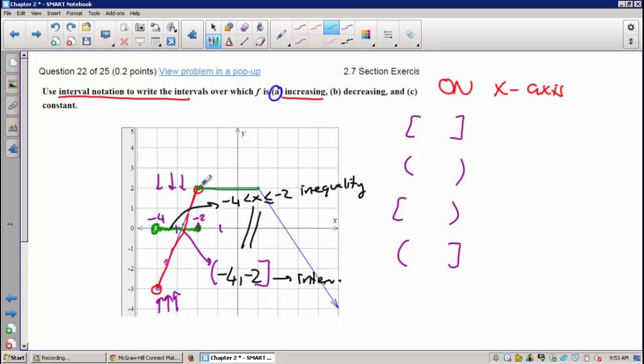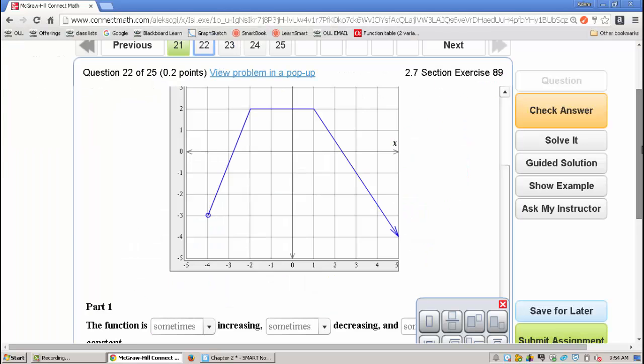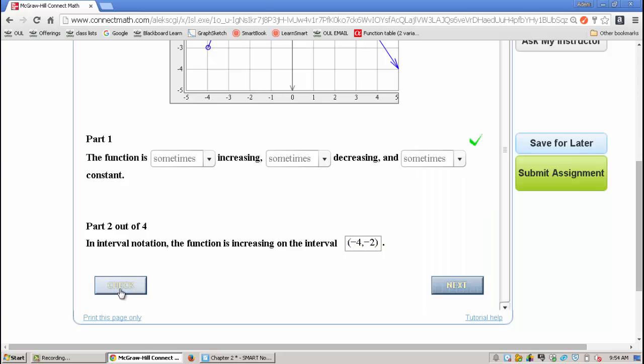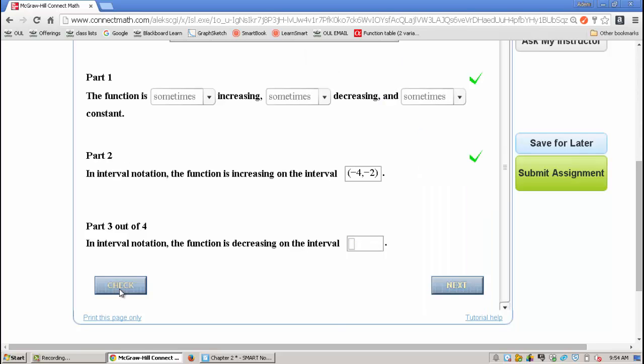It doesn't belong to either side. So let me fix what I said. We always use open parentheses in this kind of question. You are not allowed to include endpoints. Alright? So we are going to just use parentheses here. Sorry. Okay. Now we should be good.